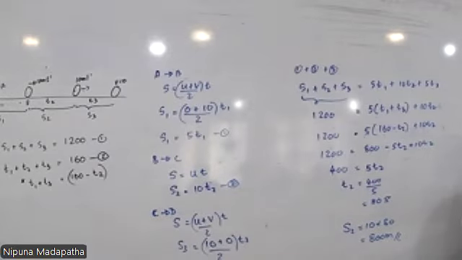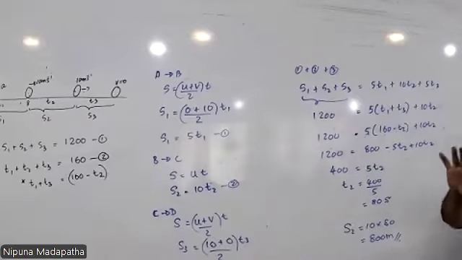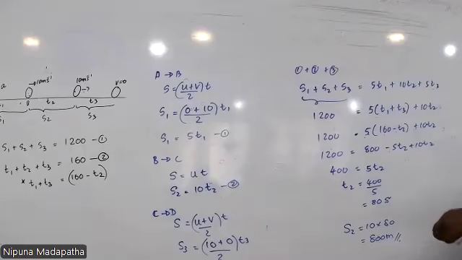The question is to use the kinematic equation and solve it using the VT graph. You can solve this problem either way, right?